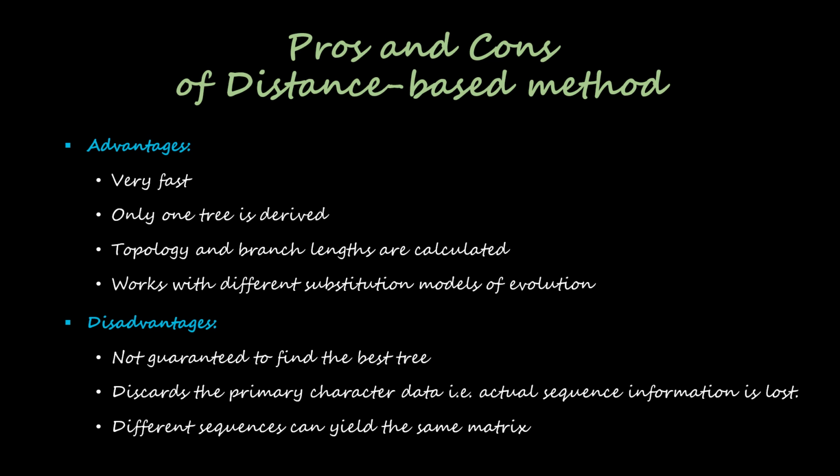So since you are converting all the information into distances, there is a possibility that there are different sequences which can give the same type of matrix, and same type of phylogenetic tree will be constructed subsequently. So that is why we have to consider the sequence information as well, and that can be done when we use character-based methods. We'll discuss about character-based methods in the next video.